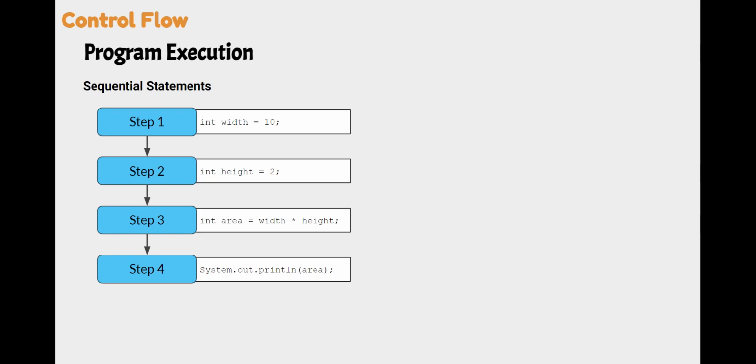We can see the example of that where we are declaring an integer variable to hold a width, an integer variable to hold a height, an integer variable to hold the area, which is the calculated width times height, and then we print out the area. Those four steps happen in order. You couldn't do step 4 first because there is no area declared, and it was not calculated because there was no width or height calculated. You have to do step 1, then 2, then 3, then 4.